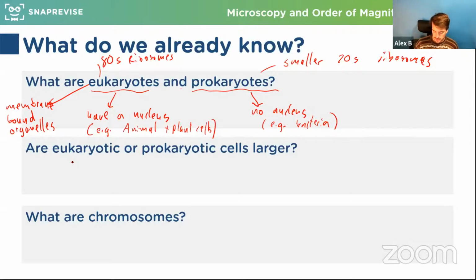Okay, so next question. Which are larger, prokaryotes or eukaryotes? Has anyone answered this one already? Yeah, exactly, Fatima. So these are bigger.